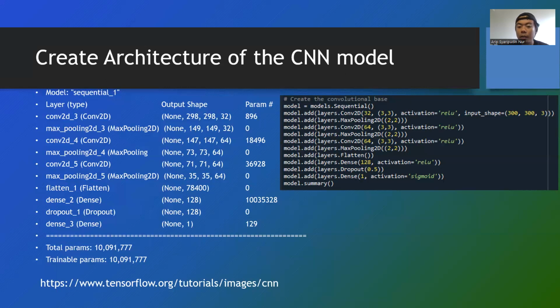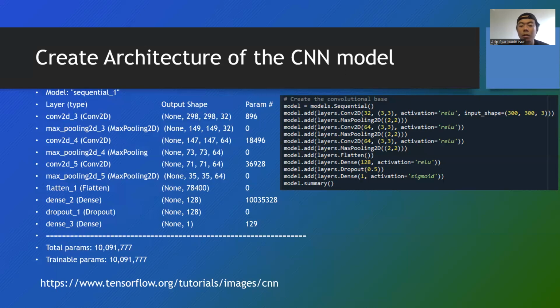And then the flatten layer to flatten the images into 1 dimension. And then the dense layer with 128 nodes, also using ReLU activation. And the last layer is a dense layer with 1 node, or 1 output.